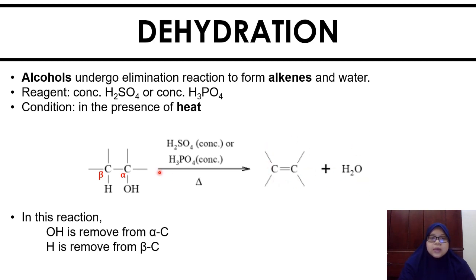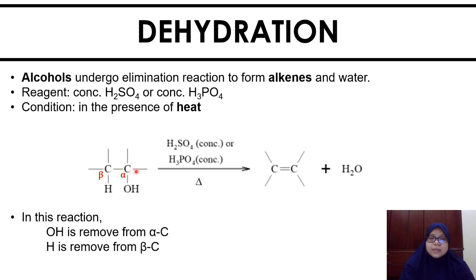So when we look at the structure of alcohol, we will see there are two types of carbon that we will study in this dehydration reaction. The first one is the alpha carbon, and the second one is the beta carbon. So what is alpha carbon? Why is this carbon labeled as alpha carbon?